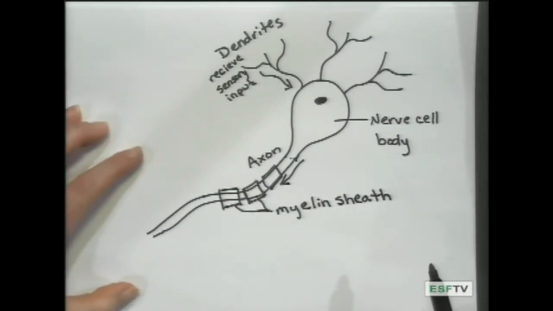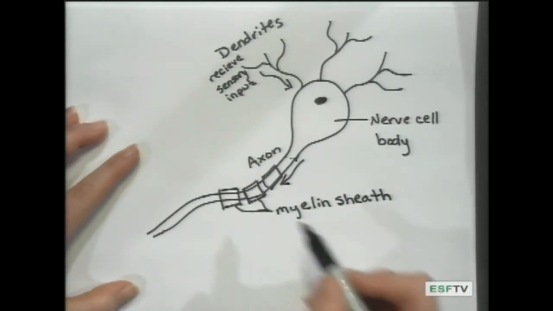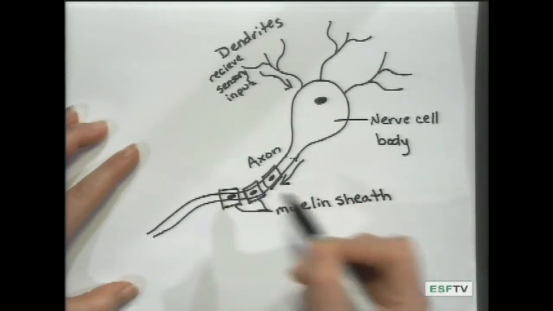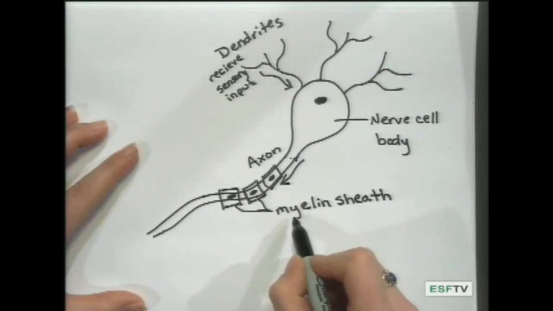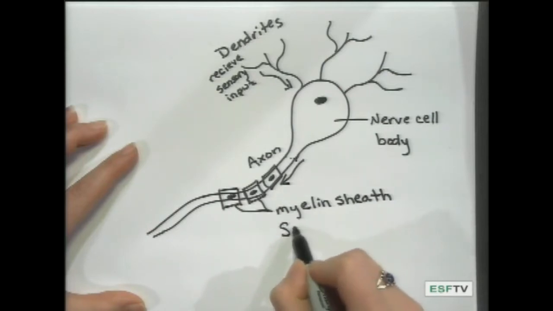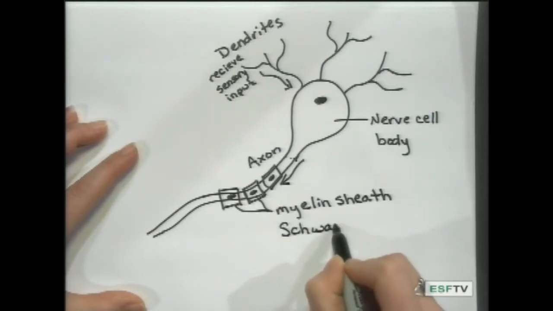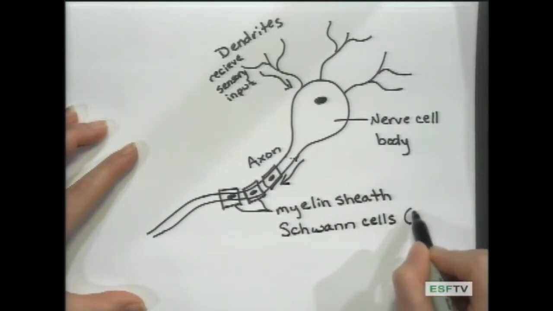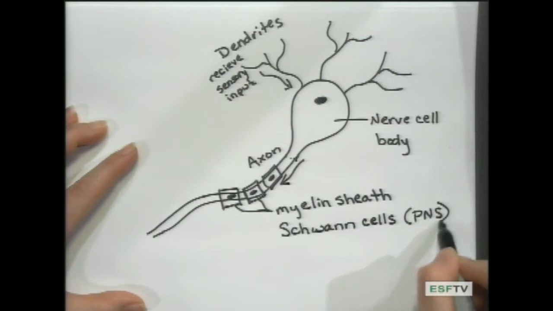And these myelin sheaths are produced by glial cells or supporting cells. And in particular, in the peripheral nervous system, these myelin sheaths are produced by Schwann cells. And again, this is in the peripheral nervous system.